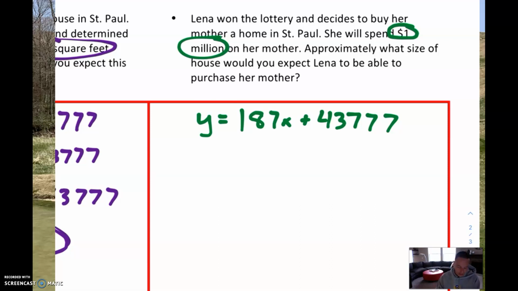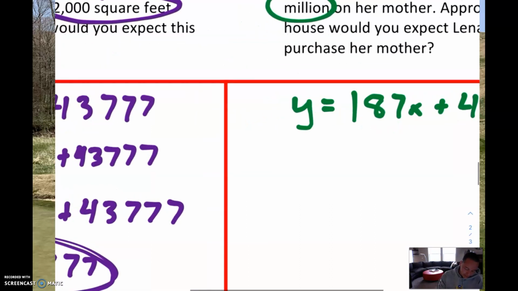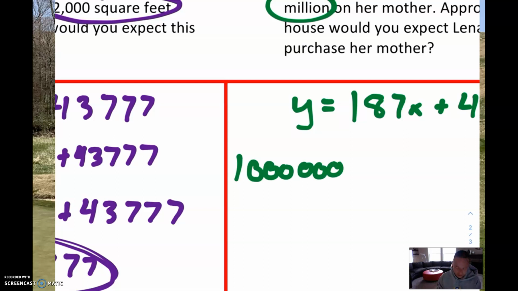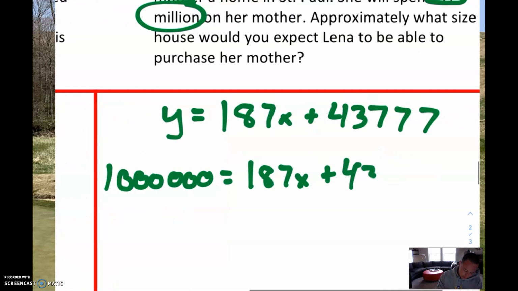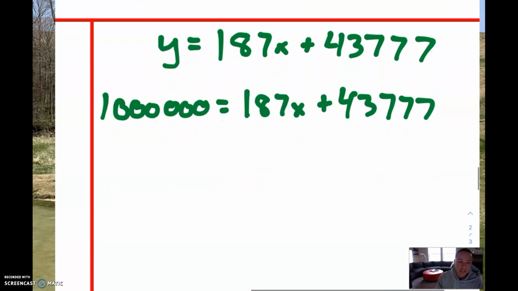You're correct, that's the y coordinate. So we're going to replace the y with $1 million, 1 with 6 zeros, equals 187x plus 43,777. All we did was replace the y with 1 million.